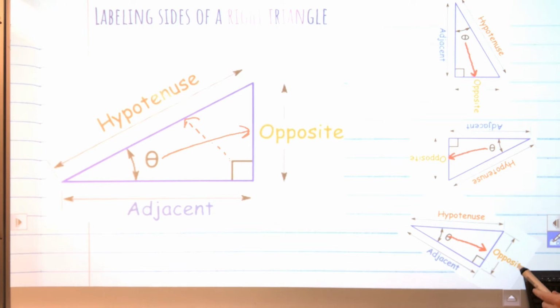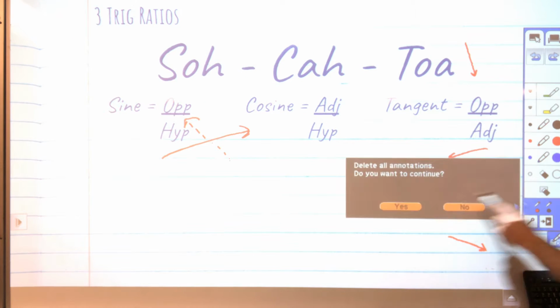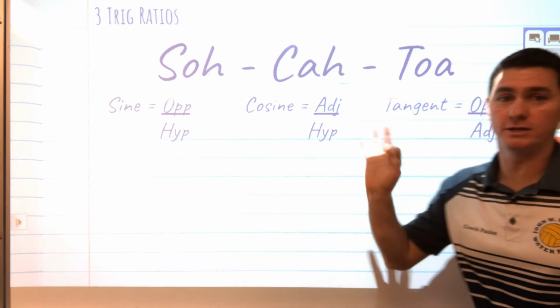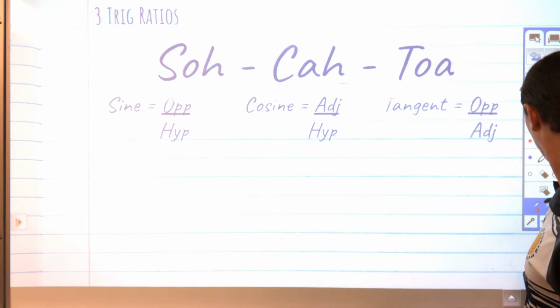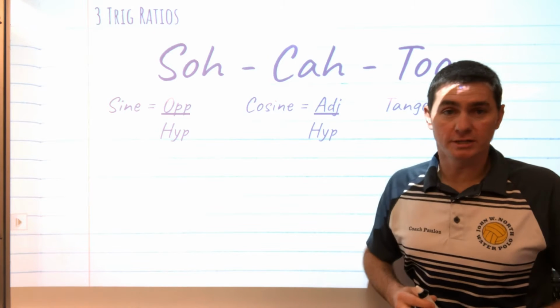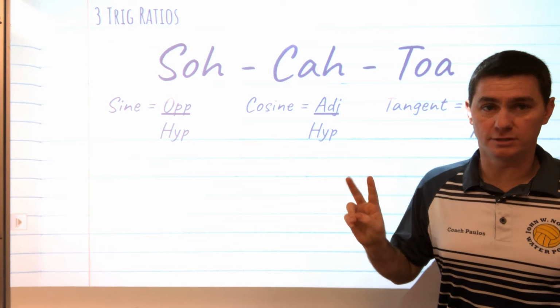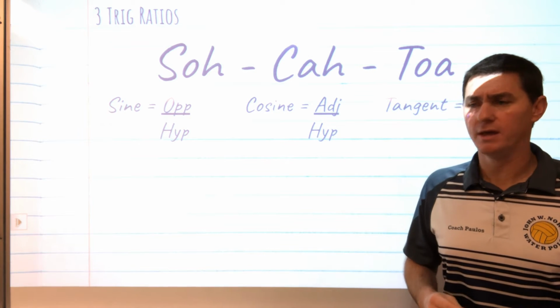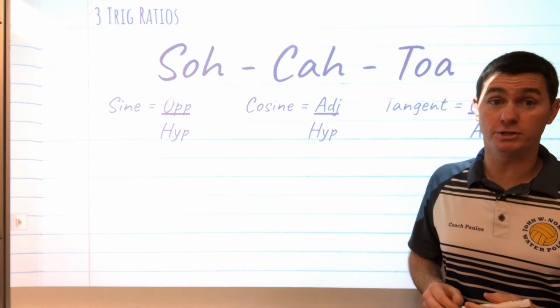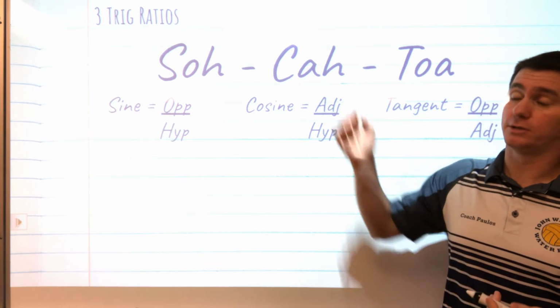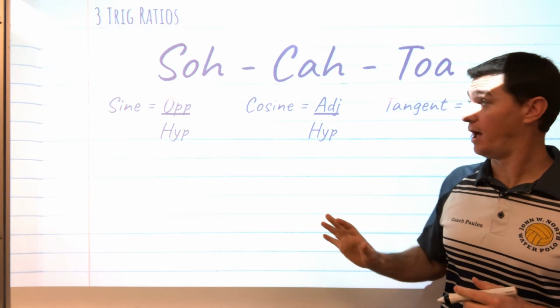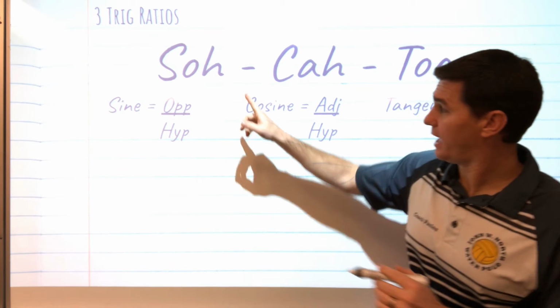Okay, so once we know how to label the sides, now we can look at three relationships. Call them ratios. A ratio is just a fraction. It compares two things. So the most common ratio that you're probably familiar with is the slope ratio. And slope ratio compares rise over run. We're looking at three ratios.